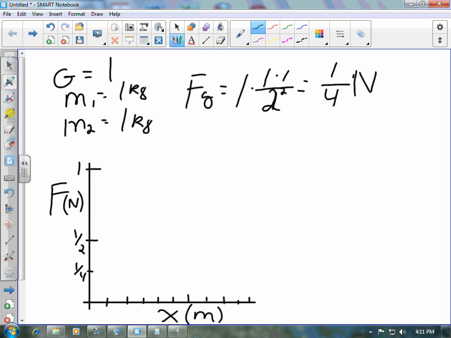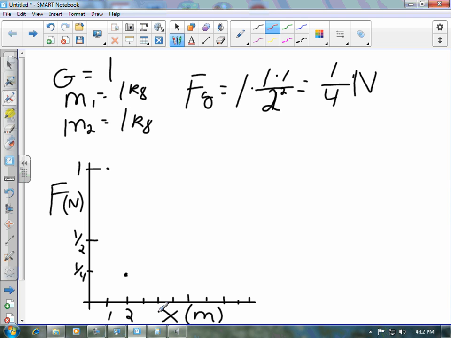So, Andre, what was the force at 1 meter? 1 Newton. Right. What was the force at 2 meters? That was 1/4 Newton. Right, 1/4 of a Newton. So if you keep doing this, you have what's called an exponential graph.